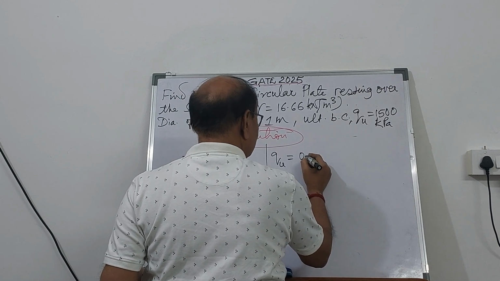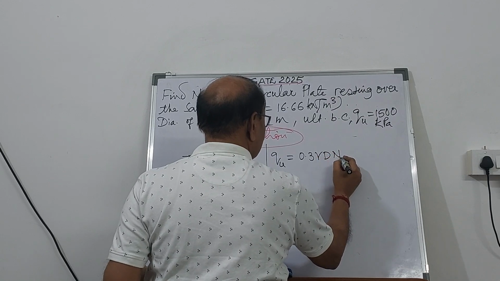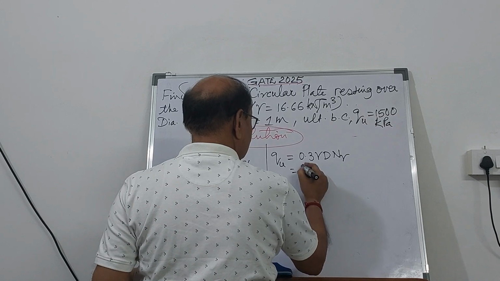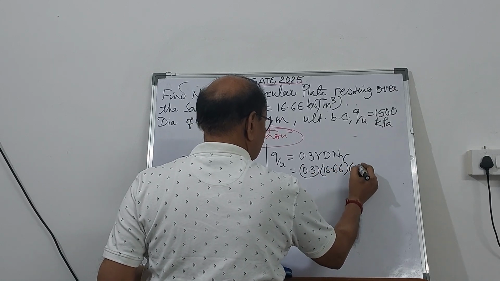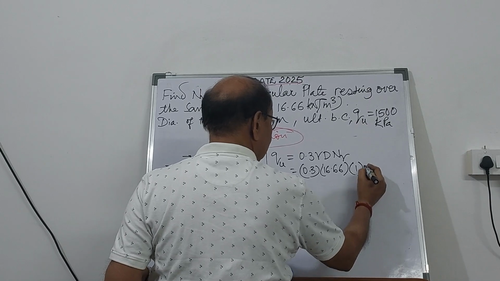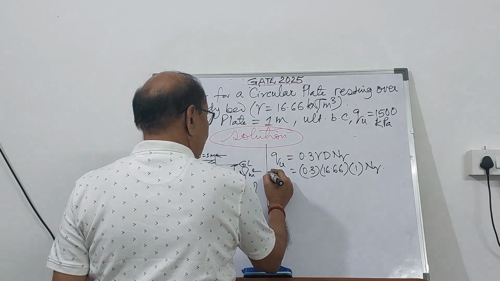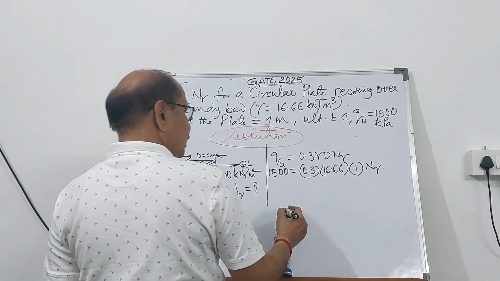The third term will be 0.3 gamma d N gamma. So 0.3 into 16.66 into d into N gamma, or 1500 equal to this.